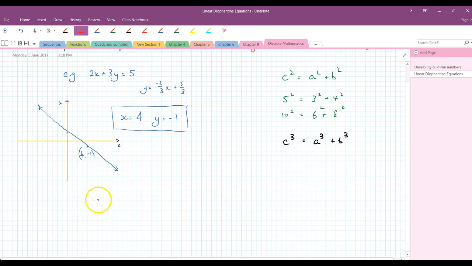So for instance, our greatest common divisor of, in this case, 2 and 3, is just equal to 1.